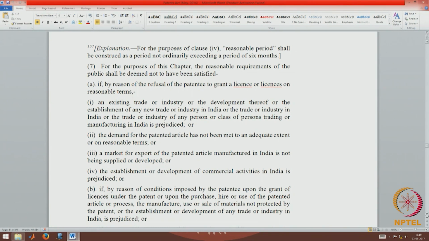So, compulsory licenses can be granted for export. 4. The establishment or development of commercial activities in India is prejudiced. In one, we saw that a trade or industry is prejudiced. Here, commercial activities, establishment or development of commercial activities is prejudiced.